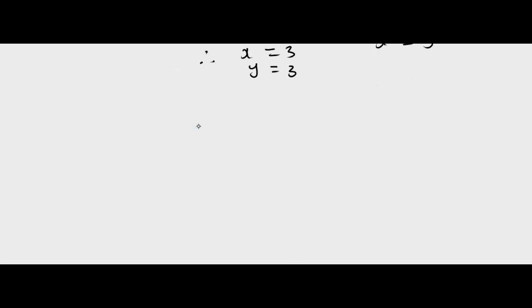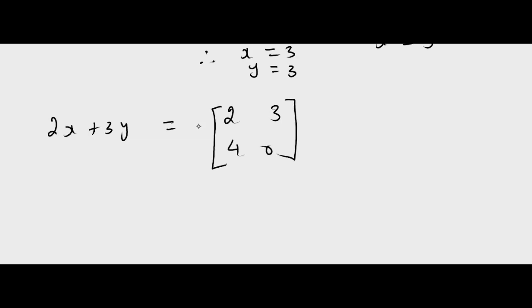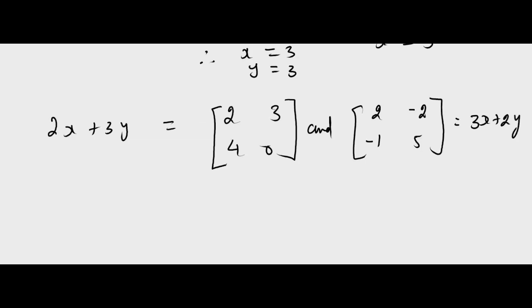Now let us look into another problem. Solve for x and y if 2x plus 3y is equal to [2 3; 4 0] and [2 -2; -1 5] is given by 3x plus 2y.